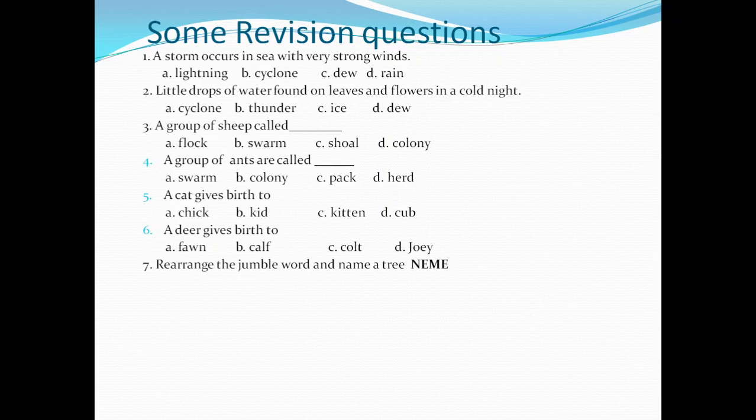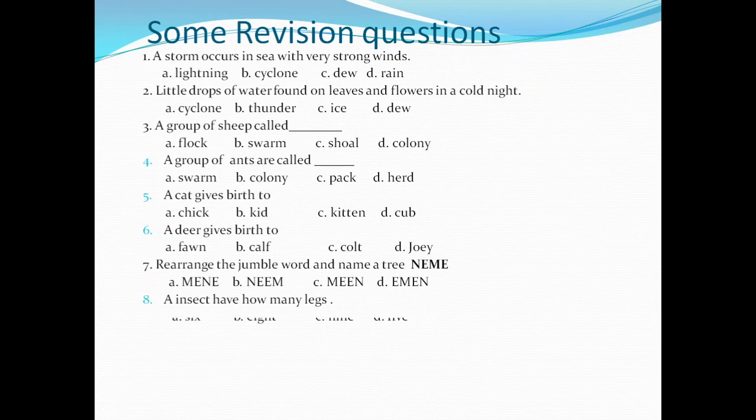You have to rearrange the letters in such a way that it becomes the name of a tree. Okay, now, men, MENE, neem, mean, emin, A, B, C, D. Okay, then number 8, an insect has how many legs? Six, 8, 9, or 5.